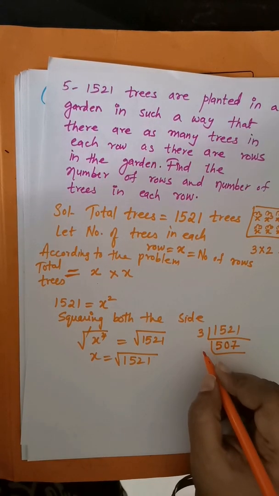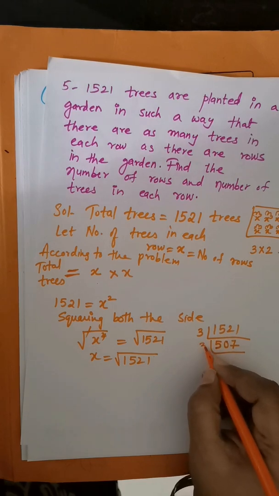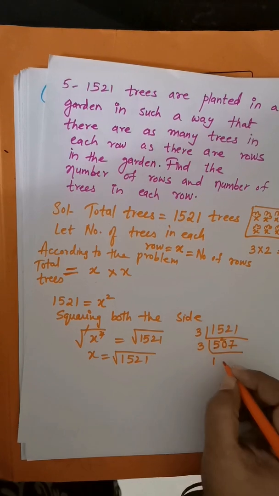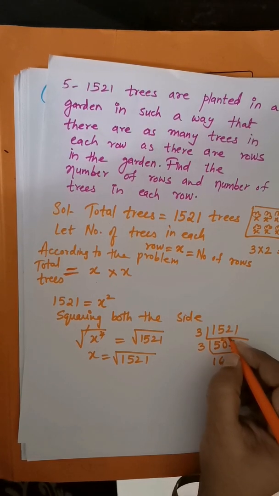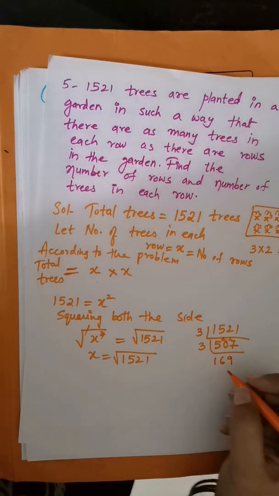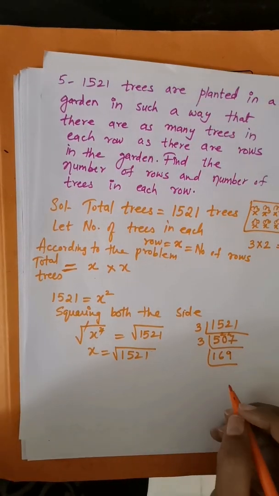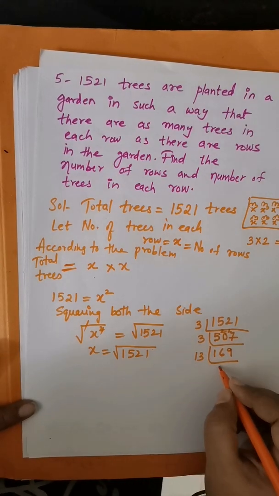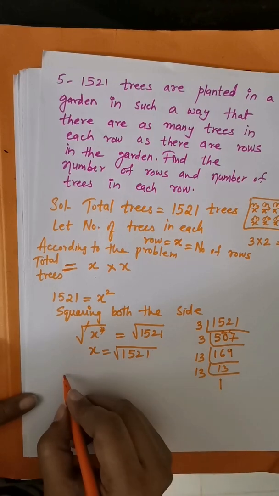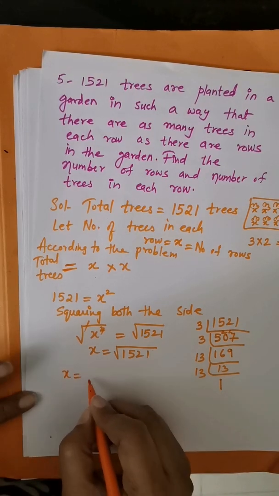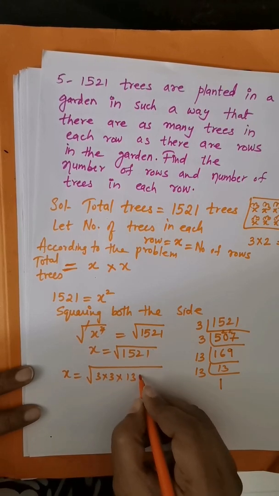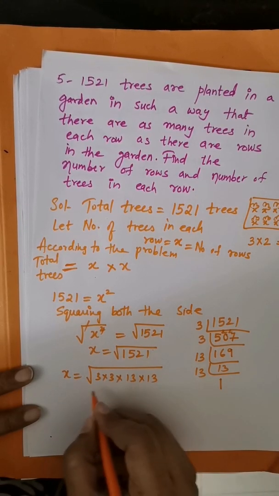Again 7 is there, we can take the 3 table. 3 1s are 3, 2 extra, 3 6s are 18, 2 extra, 3 9s are 27. 169 means 13 into 13. So x is equal to root of 3 3s and 13 13s.